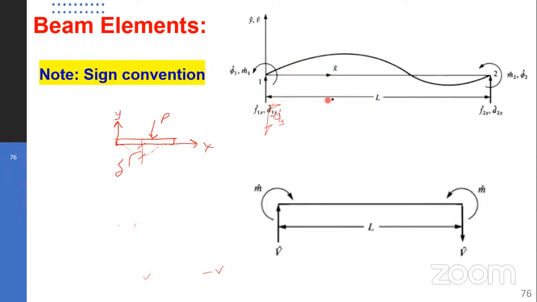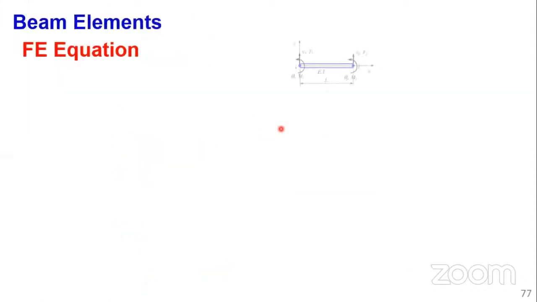Then what else? The forces, of course, and moments too. The forces are upward. Forces and displacements have to be upward, otherwise downward, then they will be negative. So having understood that, the above is the FEA beam, and the bottom is beam theory.